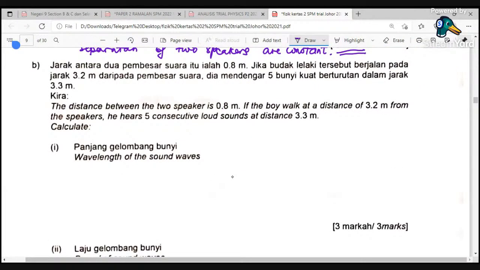Okay, kita dah dapatkan 3 markah. 3 markah bermaksud ada 3 poin.